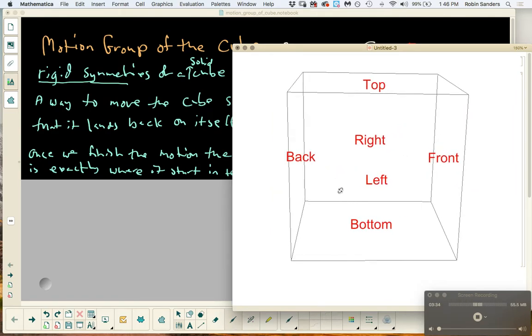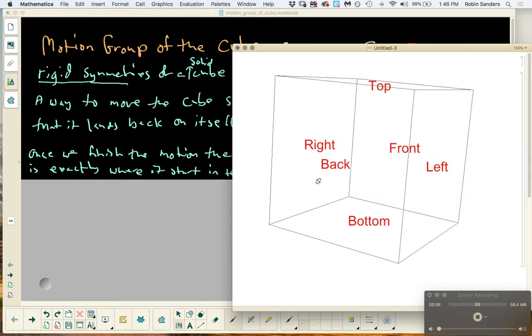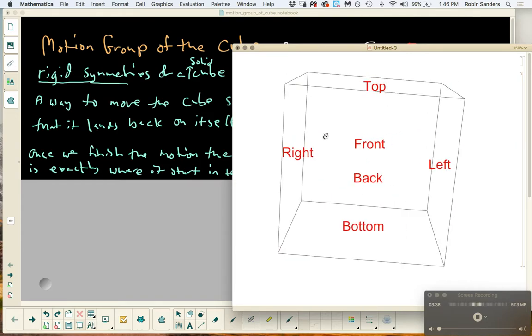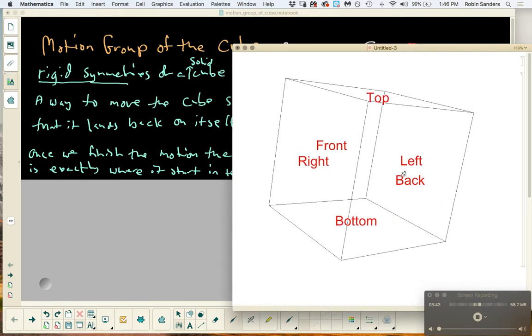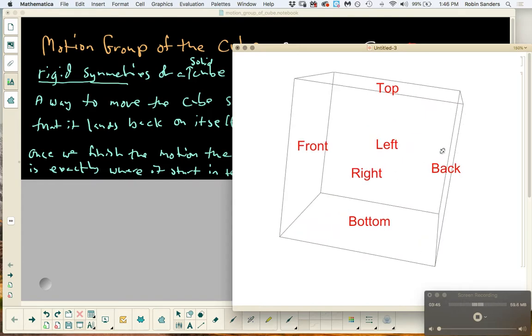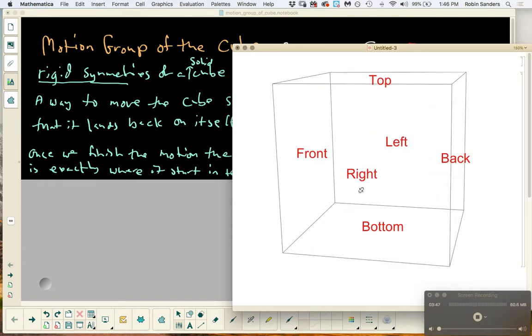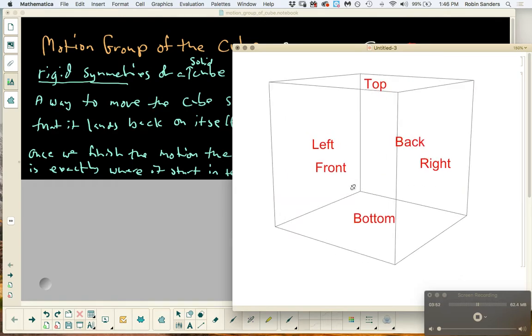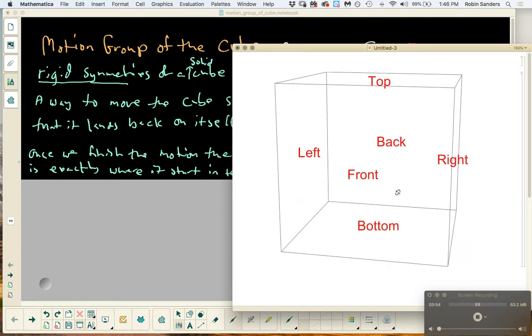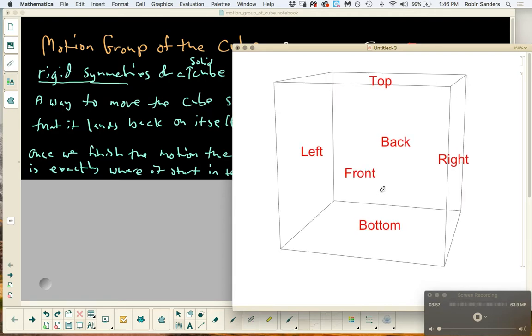I can rotate 90 degrees again, so I've now done a 180-degree rotation, and the front and the back have swapped places, as have left and right. I can rotate another 90 degrees, that would be 270 degrees total. And now with a 360-degree rotation, obviously I'm back to the original orientation of the cube. So for the top being fixed, there are 4 rotations that I can actually do.